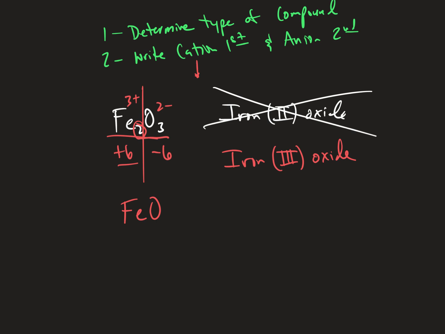It's iron oxide. Is it a transition metal? Then it's not just iron oxide. It has a Roman numeral.